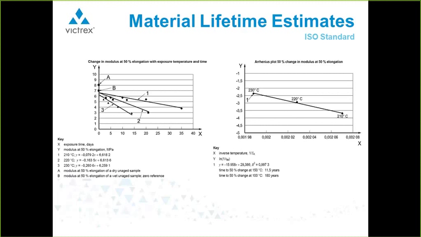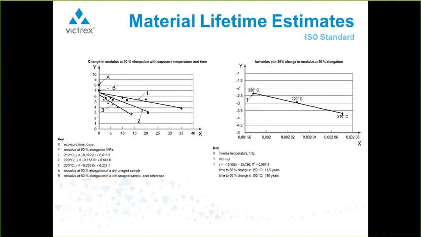Then we move to the chart on the right-hand side, in which the y-axis is the natural log of 1 over the time taken to lose 50% of the property, and the x-axis is 1 over the absolute temperature. And all other things being equal, we would find that we would get a relatively straight line.